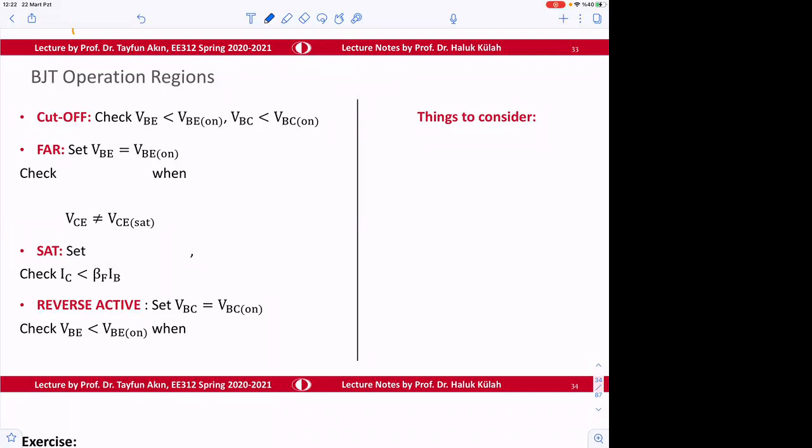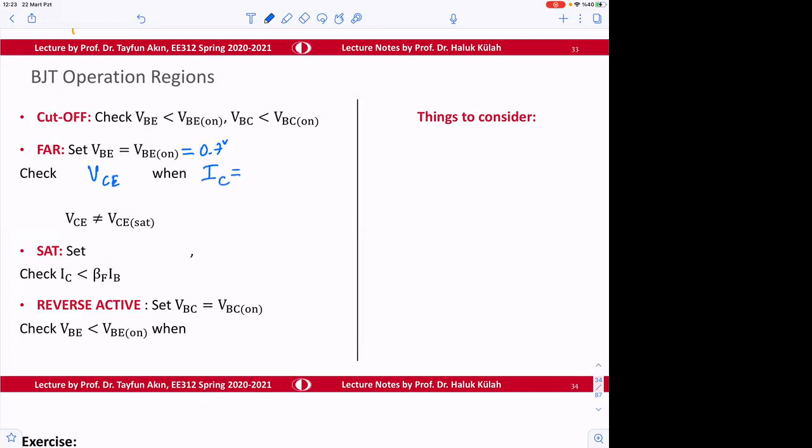For the forward active region, to understand if a transistor is in the forward active region, what you do is set this voltage to 0.7 volts. Check the collector-emitter voltage, because we will assume it's forward active.